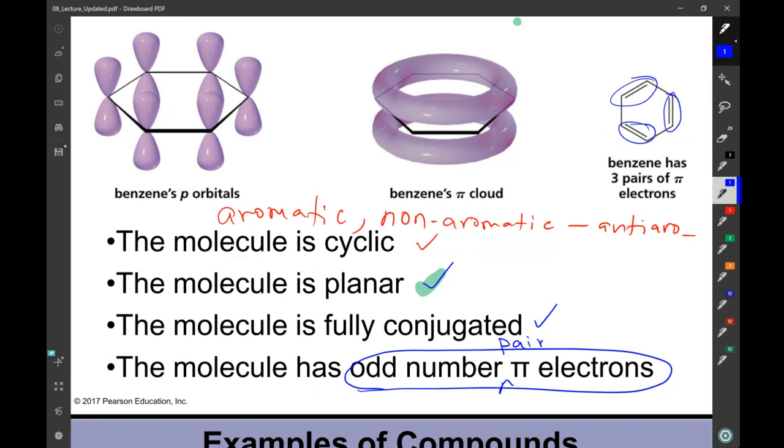You notice that we have a total of 3 pairs of pi electrons. Does that make sense? So those are the 4 things we need to follow for a molecule to be aromatic.